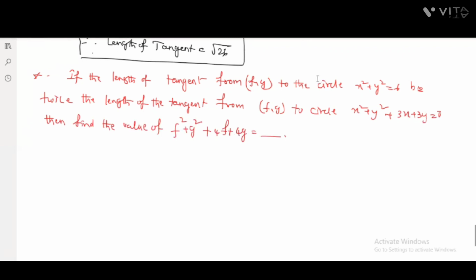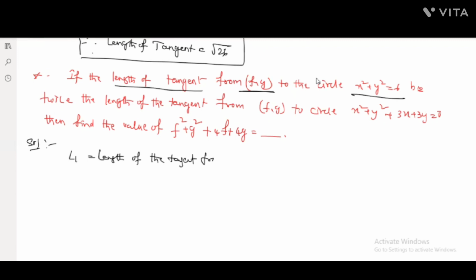So let's see how to solve this question. What they've given is the length of tangent from (f, g) to the circle. Let L1 be the length of the tangent from (f, g) to the circle x square plus y square is equal to 6.